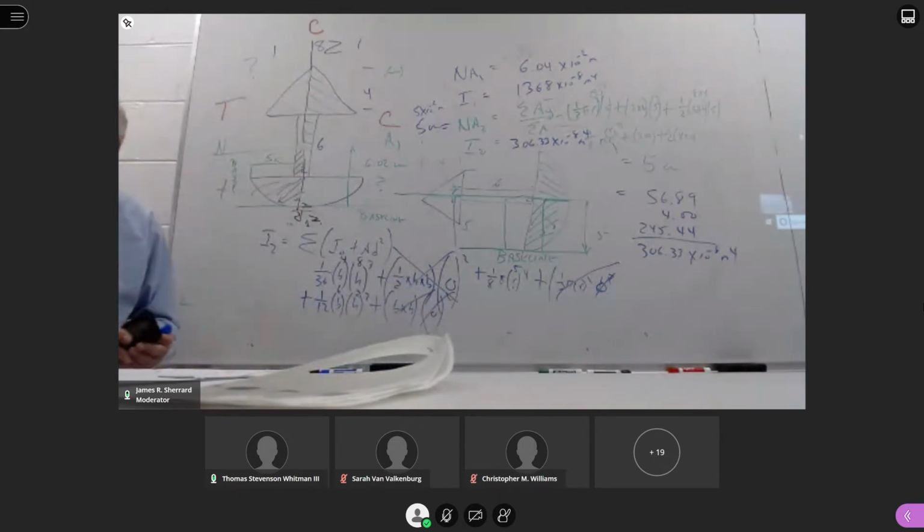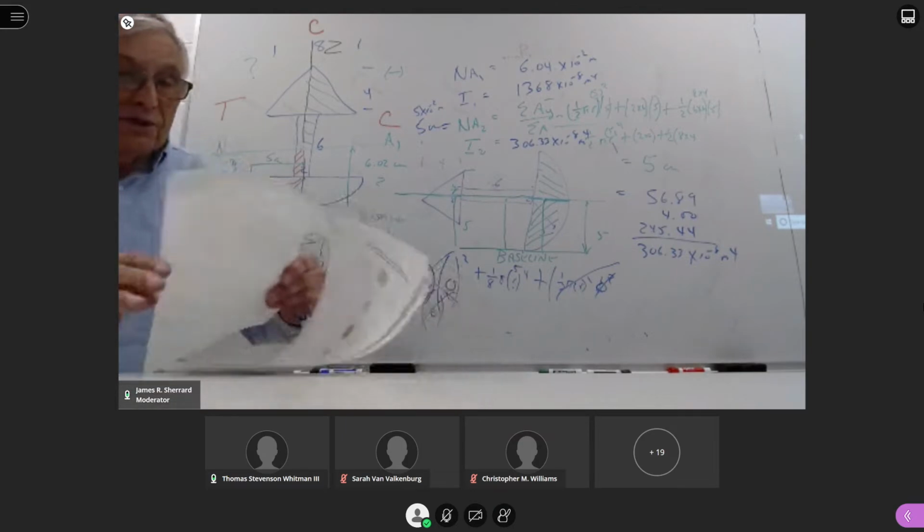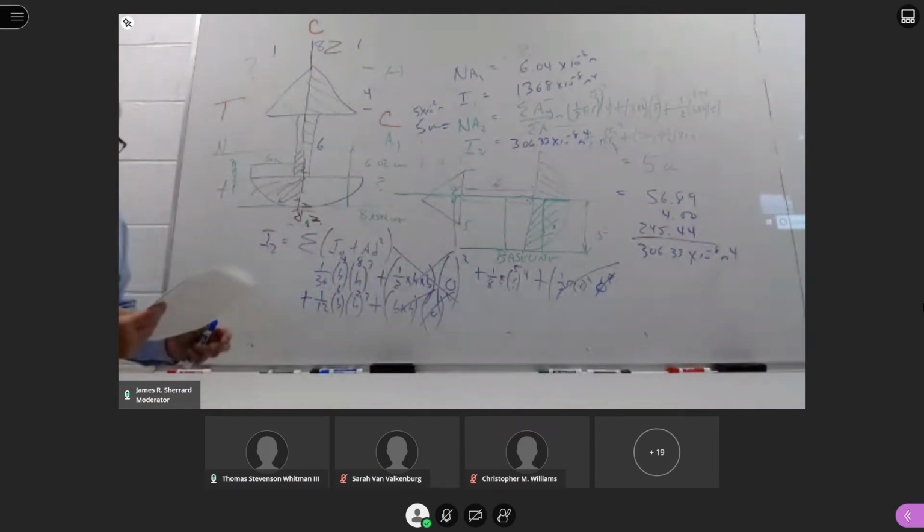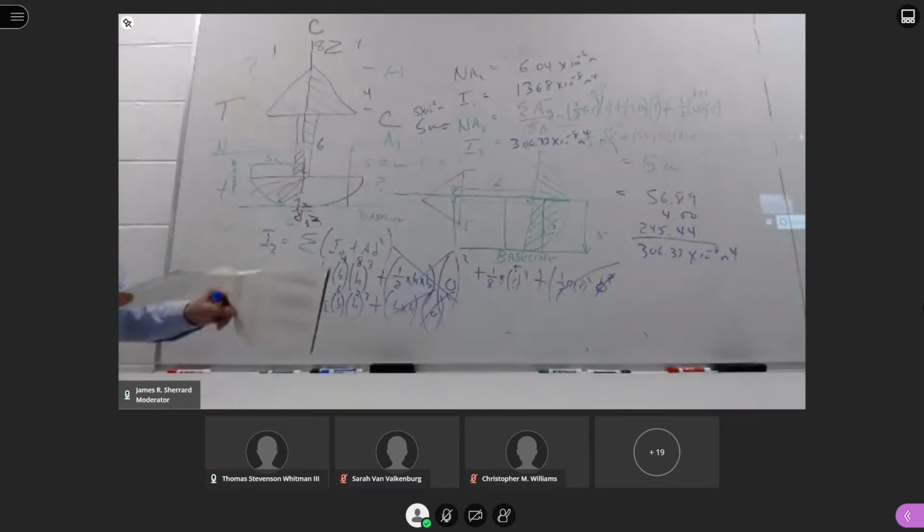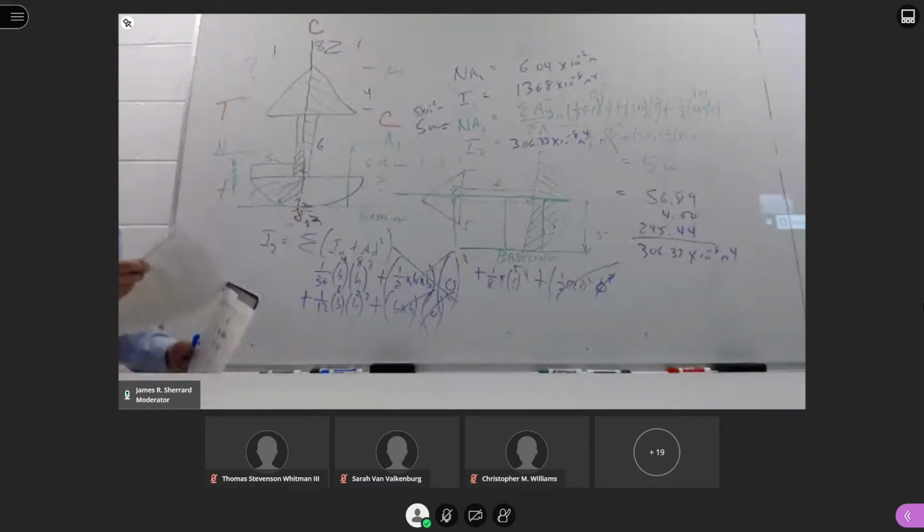Can I ask a question? On the handout that you gave us, there's an IX value and an IY value. When would I go to the IY value? You look at where the centroid is that they're taking the value around.